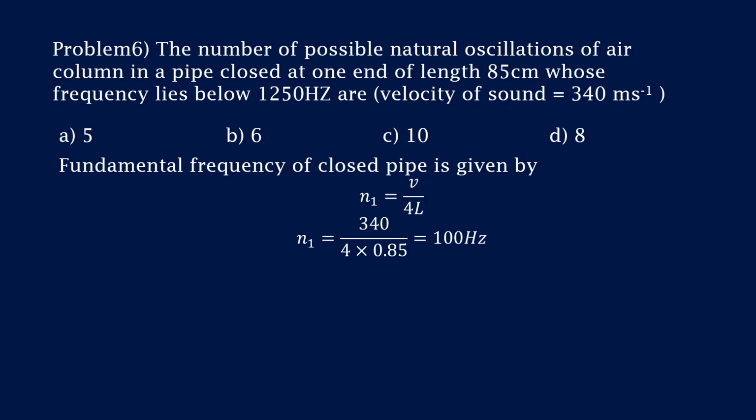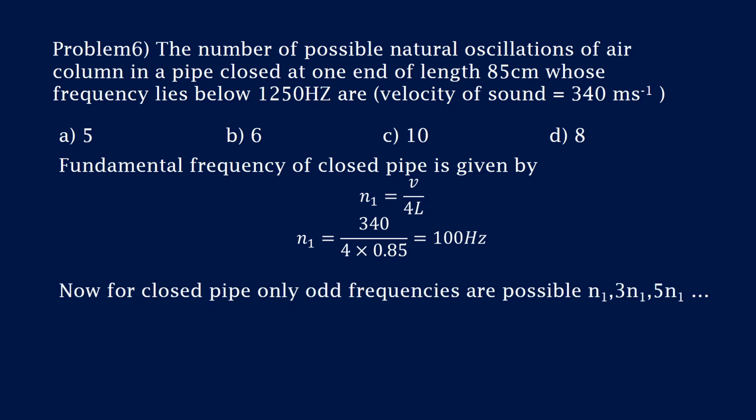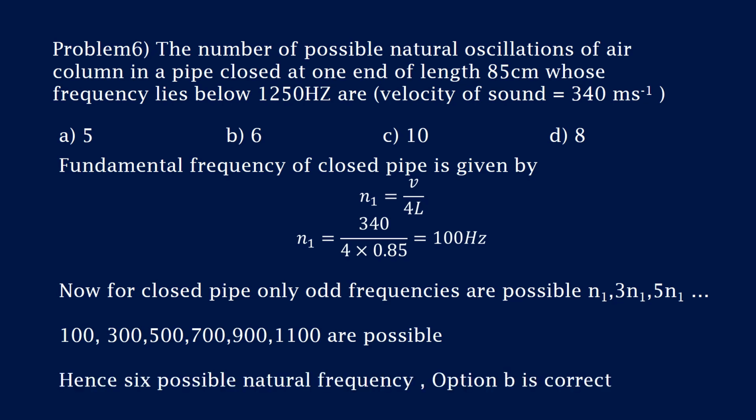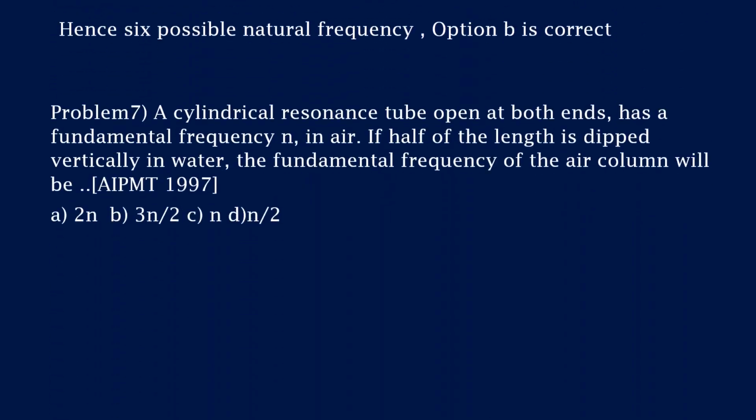Substituting the value of V and L, N1 is equal to 340 divided by 4 into 0.85. On simplifying it, we get N1 is equal to 100 Hz. Now, for closed pipe, only odd frequencies are possible: N1, 3N1, 5N1, 7N1, and so on. Therefore, 100, 300, 500, 700, 900, and 1100 are possible frequencies. Hence, 6 possible natural frequencies.